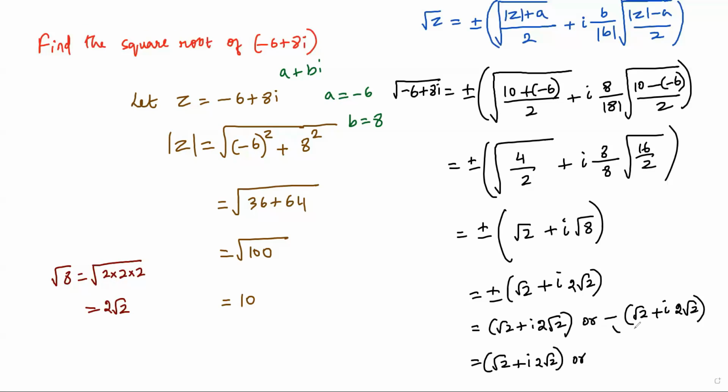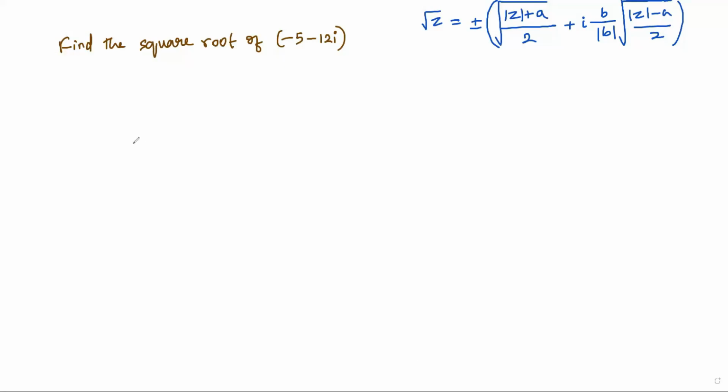Or this negative can be distributed to the terms inside the parentheses, and we get negative square root of 2 minus i times 2 square root of 2. So the square root of the complex number negative 6 plus 8i is equal to square root of 2 plus i times 2 square root of 2, or negative square root of 2 minus i times 2 square root of 2. Let's look at one more example.